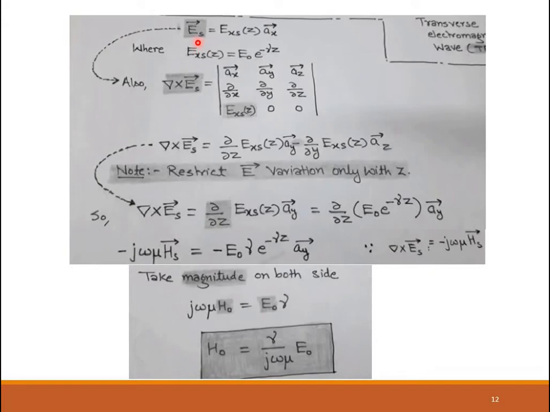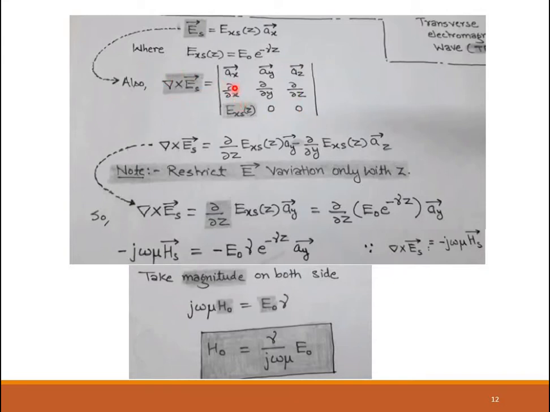We know that E_s is E_xs(z) a_x cap. Here we use the cap notation, not the arrow. And we also know that E_xs is written as E0 e raised to minus gamma z. Now, what is del cross E_s equal to?